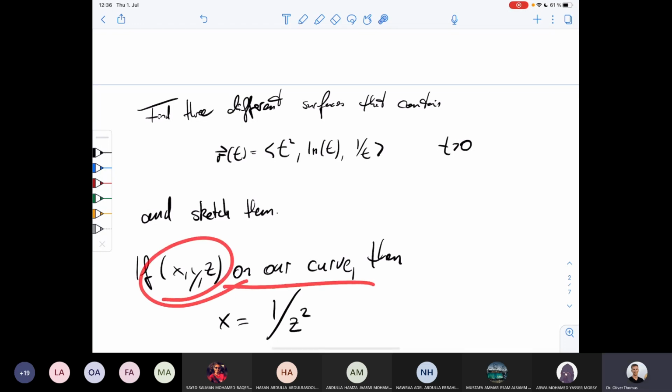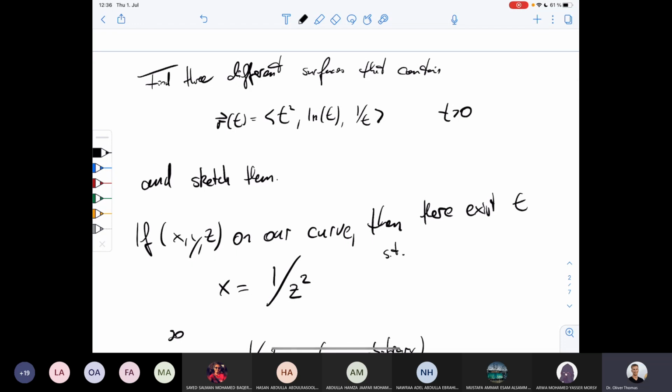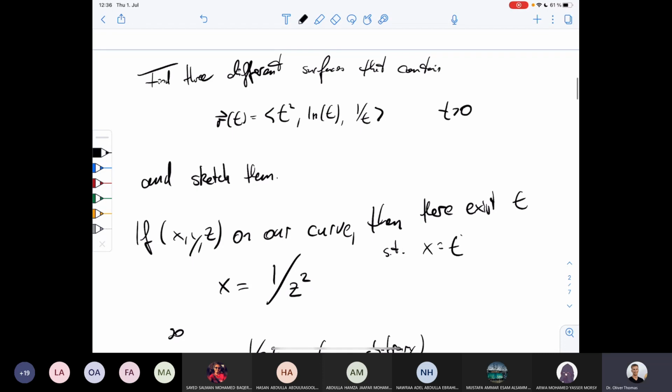if x, y, z is on our curve, then first of all, there exists a t such that x is equal to t squared, y is equal to ln of t, and z is equal to 1 over t, right?